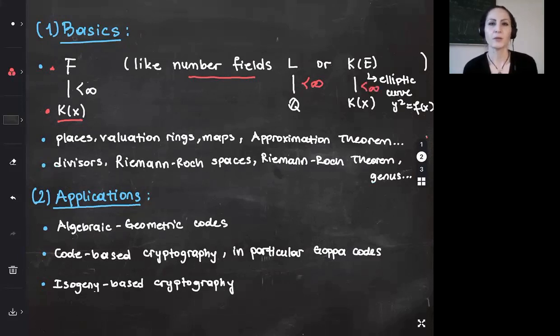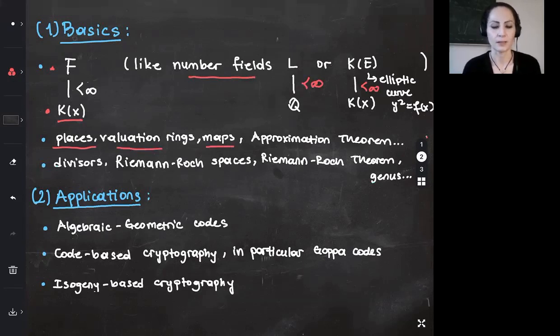In general, we want to study such global objects in terms of local components, such as places, and in this lecture, we will see that this notion is in some sense a generalization of irreducible polynomials, prime numbers, or points on a curve.